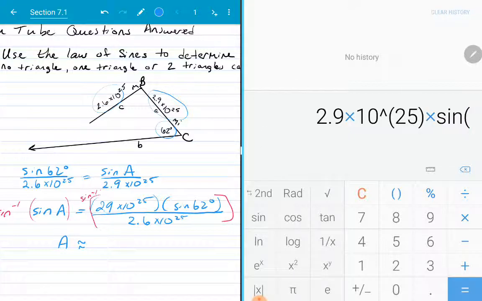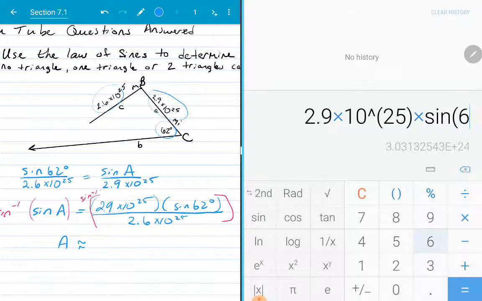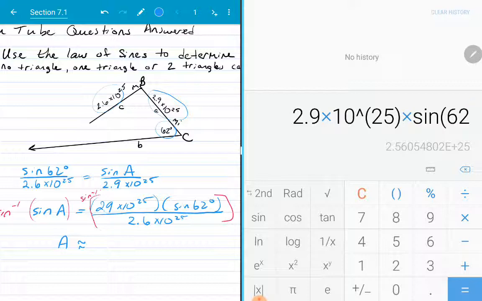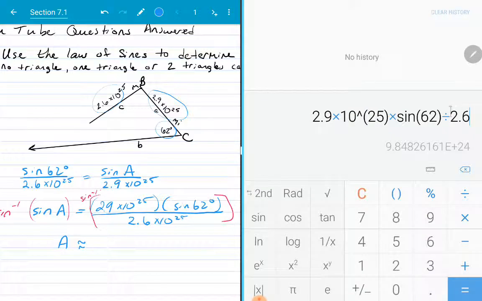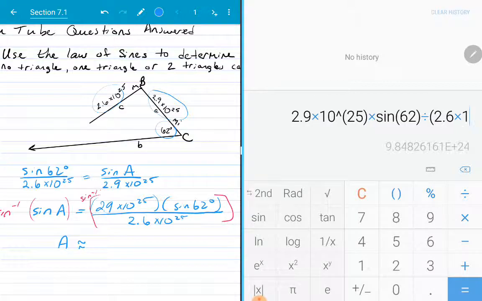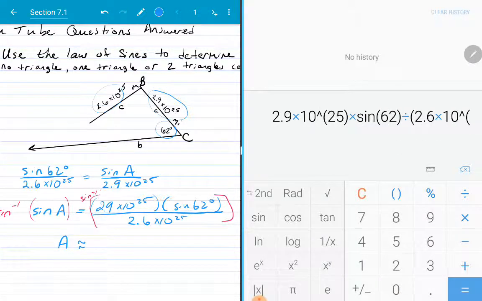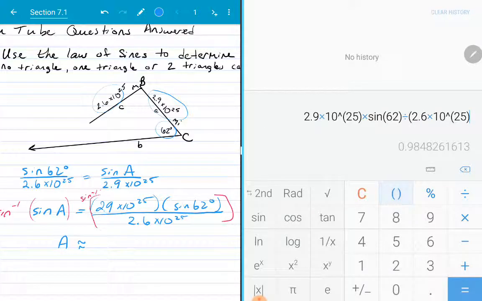It's not written up here, but you can see my button is radians, so I'm in degrees. Sine of 62 degrees, close that parentheses, and divide by 2.6, I'm going to put parentheses around that one, 2.6 times 10 to the 25th, and two parentheses there.